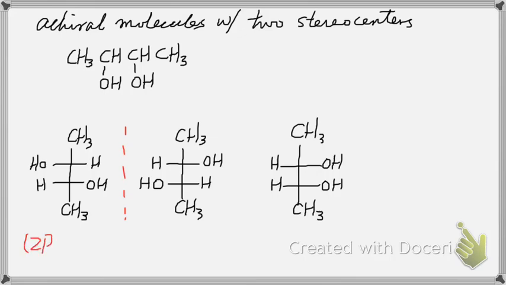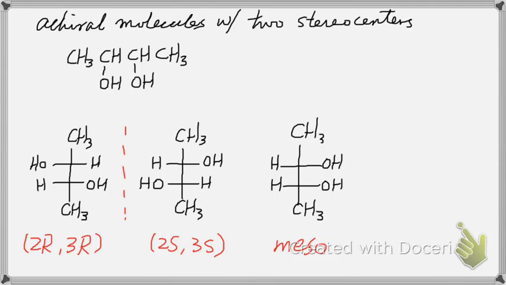Now, for the stereocenters, first molecule 2R, 3R. Second molecule 2S, 3S. How about the third molecule? With what's being drawn here, the third molecule has 2S, 3R.